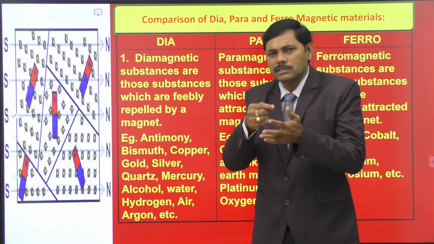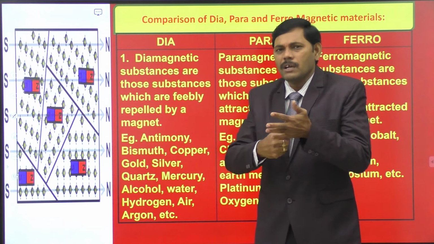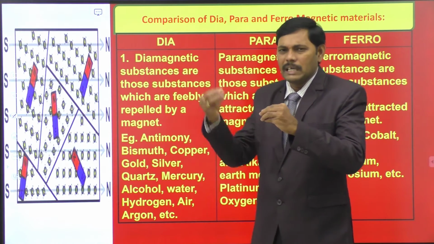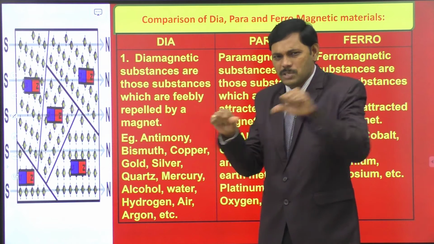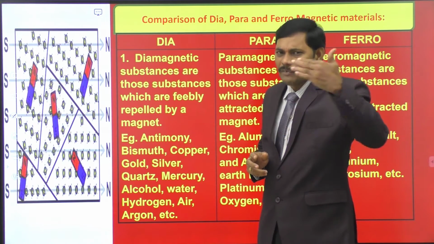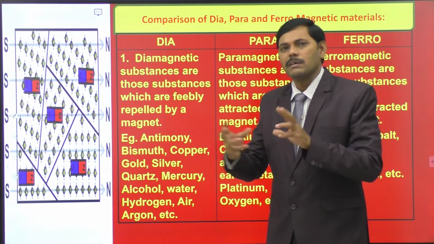As copper has electrons, they circulate in such a way as to produce a magnetic field opposite to the applied or increasing magnetic field. As the applied and induced magnetic fields are opposite, definitely the substance gets repelled, that means thrown away by the permanent magnet.